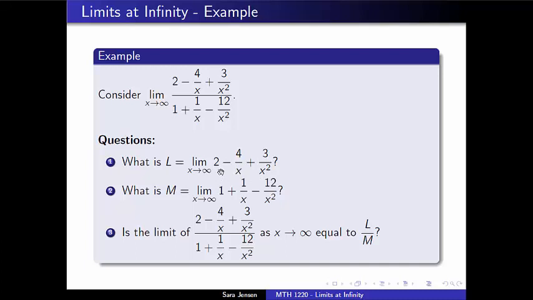Because limits behave really nicely with respect to addition and subtraction, we can just add and subtract those limits to get the whole thing. The limit as x is approaching infinity of 2 is just 2. There's no x in there. As x is approaching infinity, this middle term, the numerator is just 4, but x is getting really, really, really large.